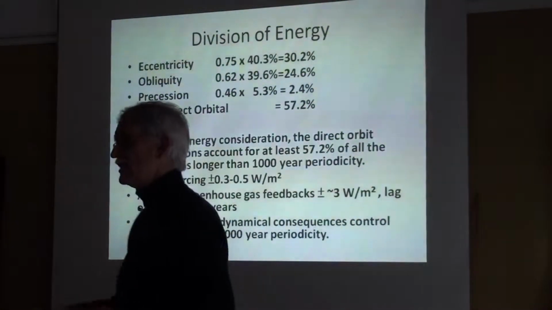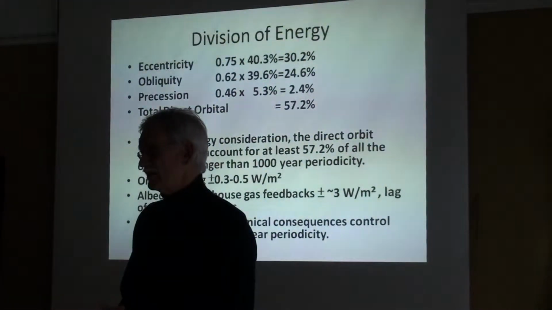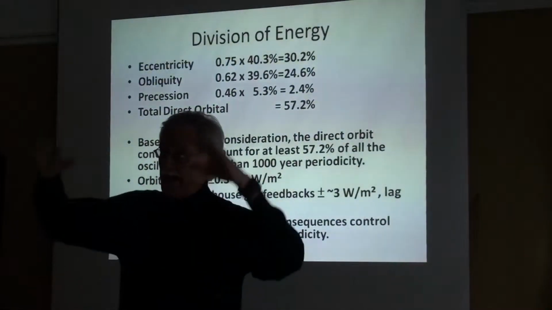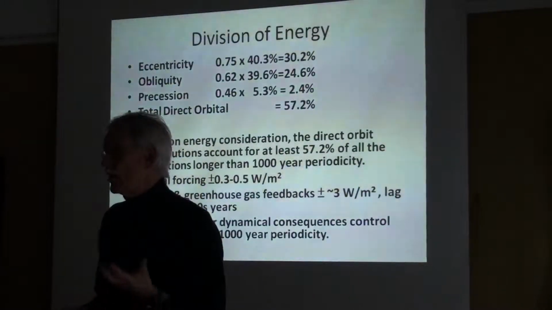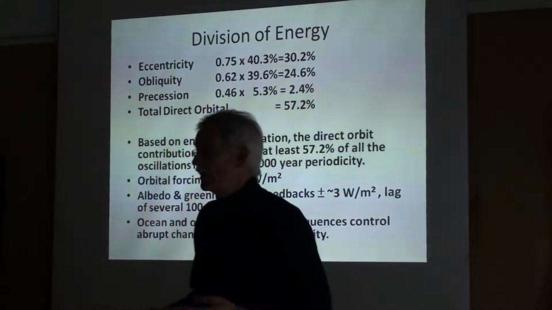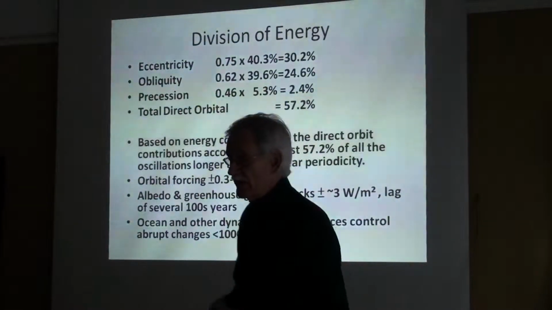But what happens is this sets in motion feedback mechanisms which involve the greenhouse gases and ice on land that reflects light back into space, and that then contributes to a plus or minus 3 watt per square meter supplemental effect after things are set in motion by the orbital dynamics.